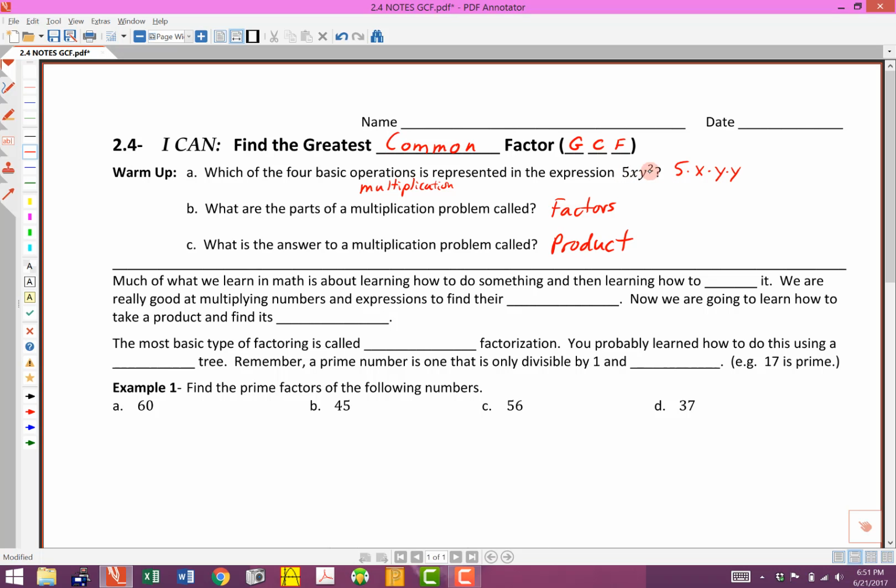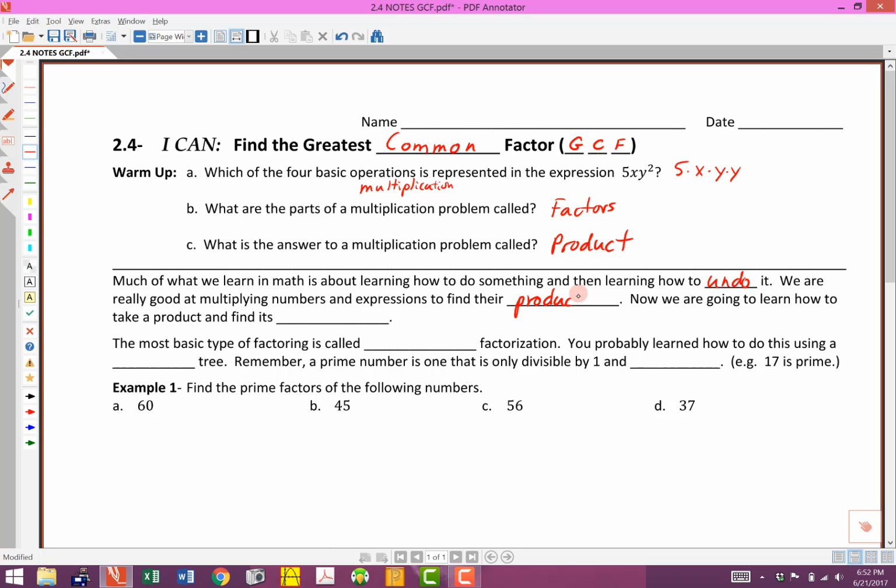So the factors here are 5 and x and y, and the product is 5xy squared if we write it in simplified form. So this leads us to something that's really important, a key idea, and that is that a lot of what we learn in math is about learning how to do something and then learning how to undo that thing, so reverse that process or whatever it happens to be. So we're really good at multiplying numbers and expressions to find their product.